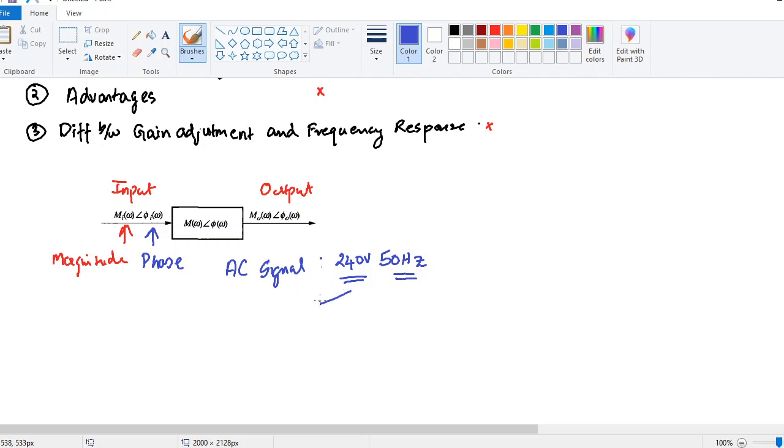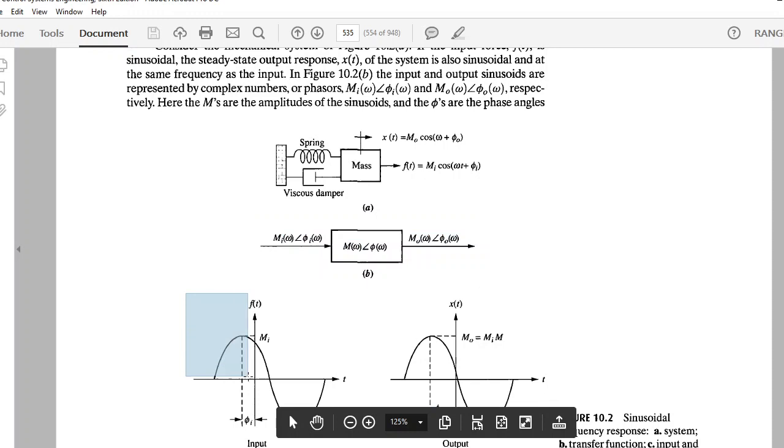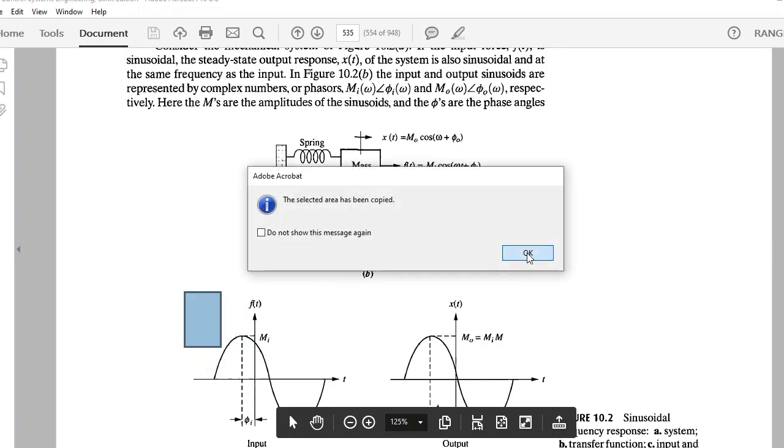So this here is your magnitude, and then you also have your frequency component. So it is essential that when we talk about the input of a system and the output of a system, we mention both what is happening to the input and what is happening to the output. That is described in this diagram here that you see.